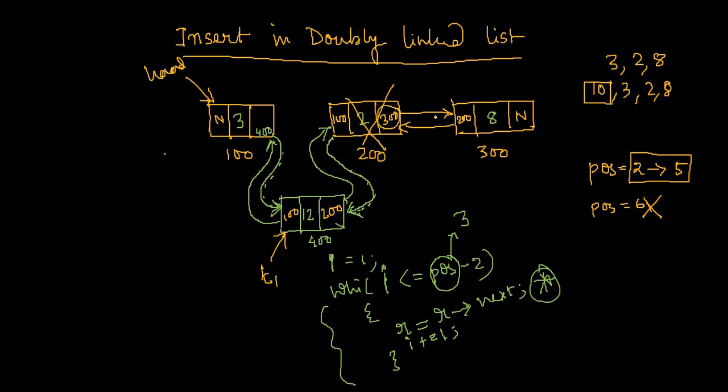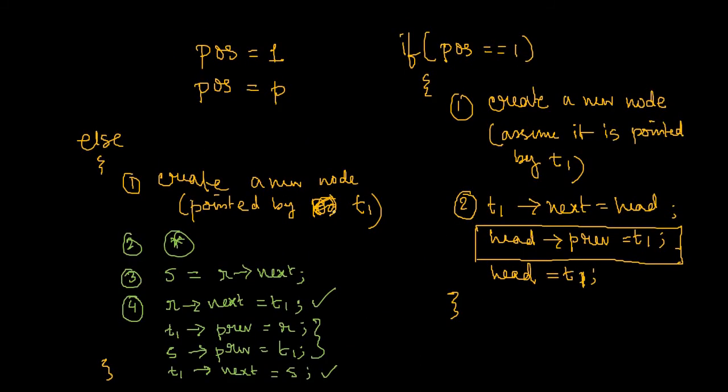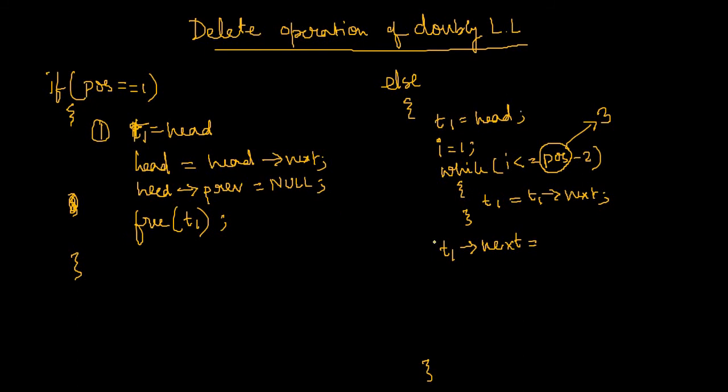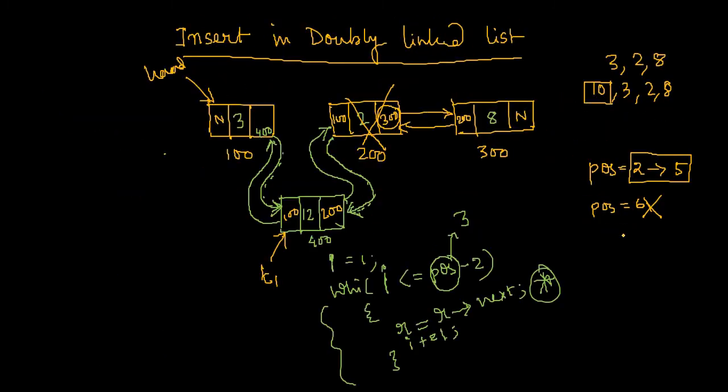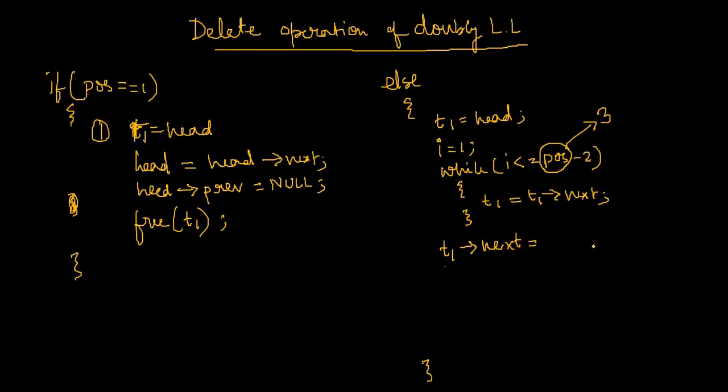Whose next? 300, that one. Because 300 should be present over here. So you can easily say that T1 next should be T1 next next. If you are able to do that, okay. So I can write T1 next.